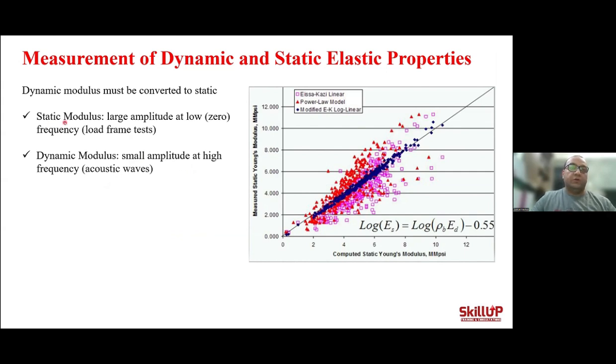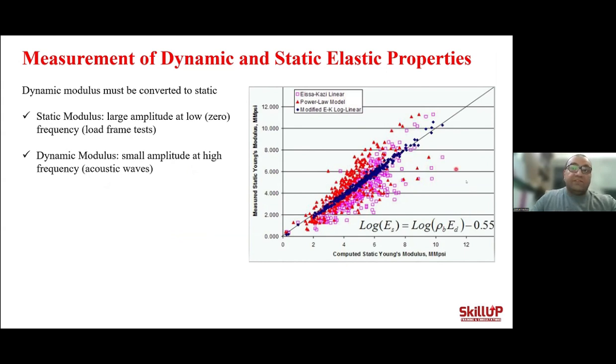The static one. Which one do we get from the logs? The dynamic one. So how can we convert the dynamic to static modulus? You have to get something like this. This is actually a correlation. And as you can see, on the x-axis, we have the static Young's modulus. On the y-axis, we have the dynamic Young's modulus.